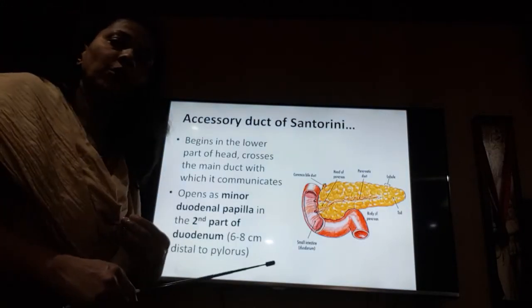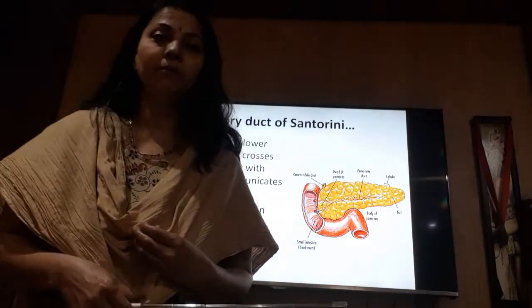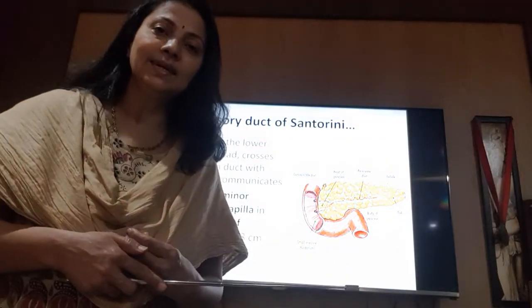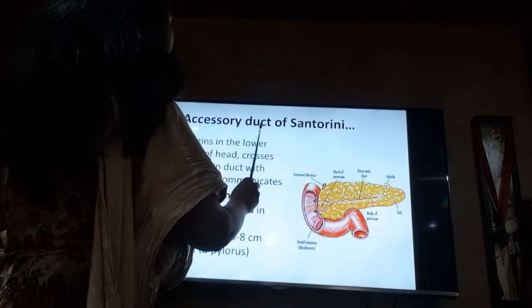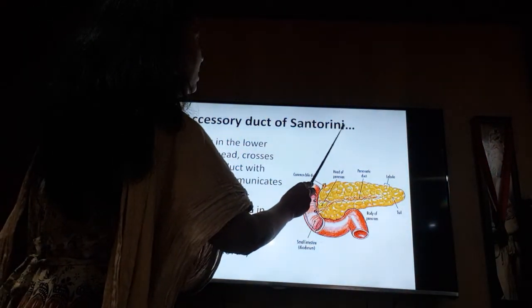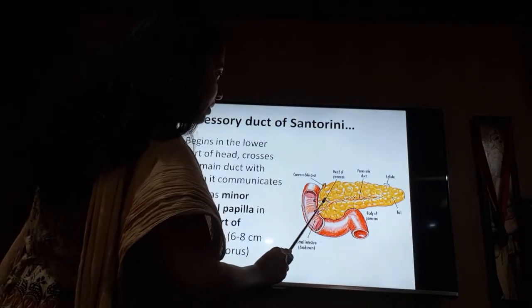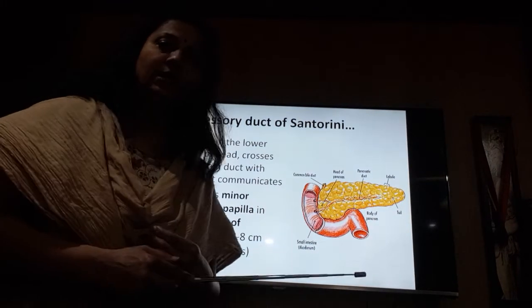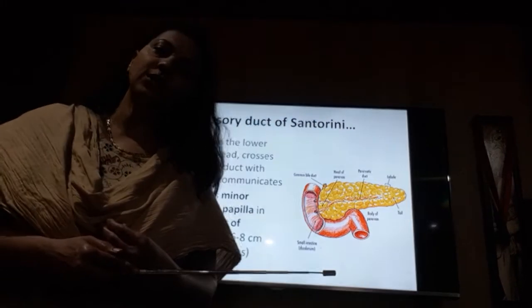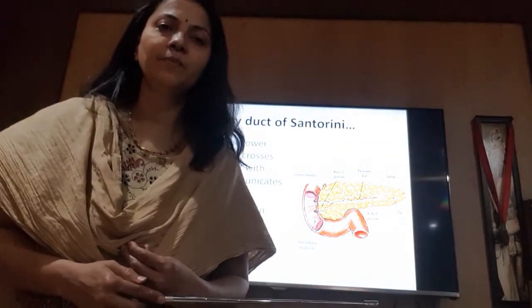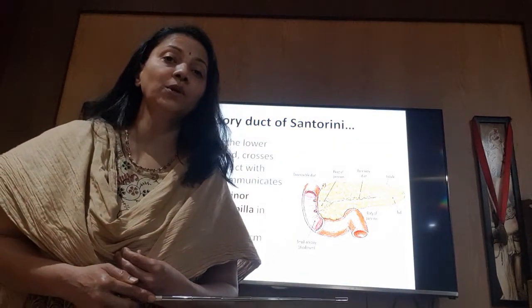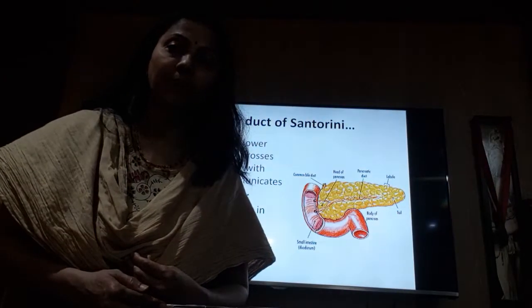Now, we also said there were two ducts, main duct and accessory duct. So the accessory duct is called accessory duct of Santorini. So this thin duct is called duct of Santorini or accessory duct, and it is going to open in the duodenum. And what is that opening? I have told you, minor duodenal papilla.